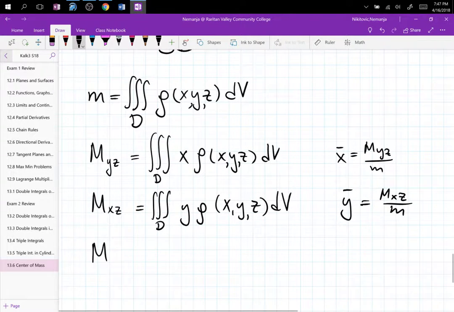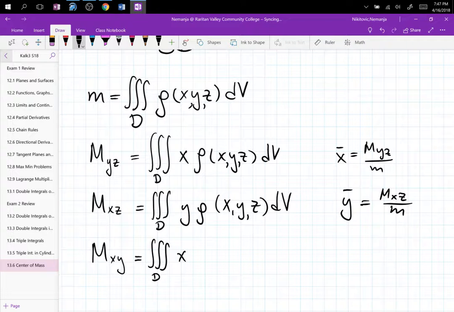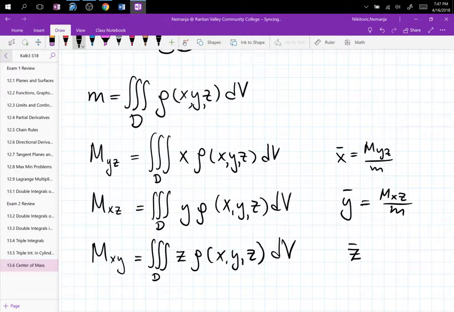And finally Mxy is the triple integral of z times rho x y z dV, which gives z bar as Mxy over m.